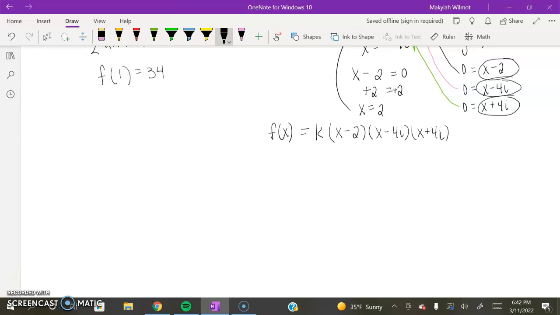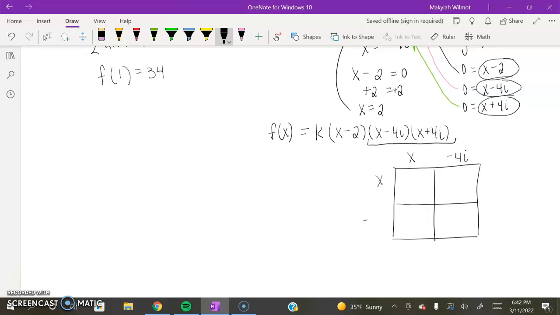Okay. So now we're going to multiply these two out so we can simplify them. A really easy way to do that is to make a box. You're going to write x and then minus 4i, x, positive 4i.